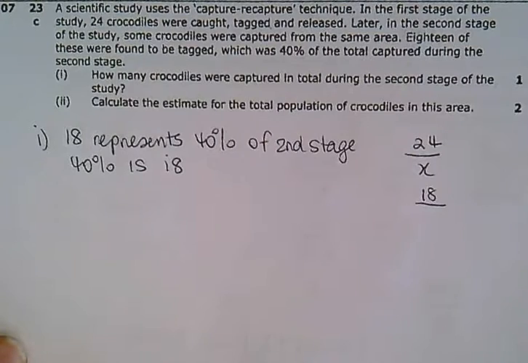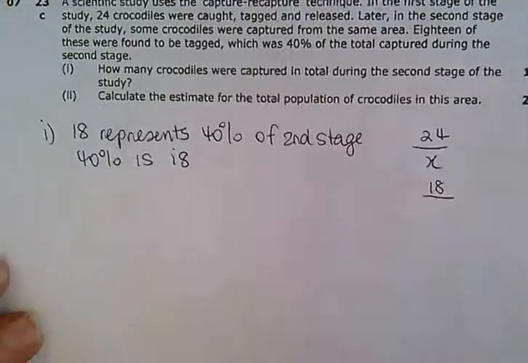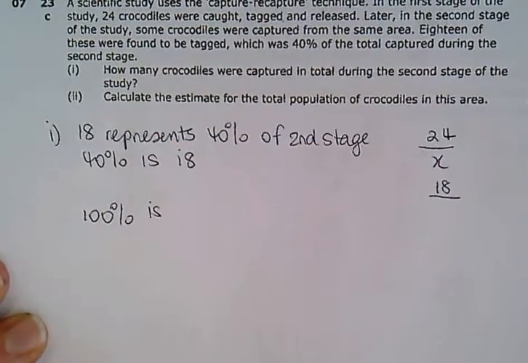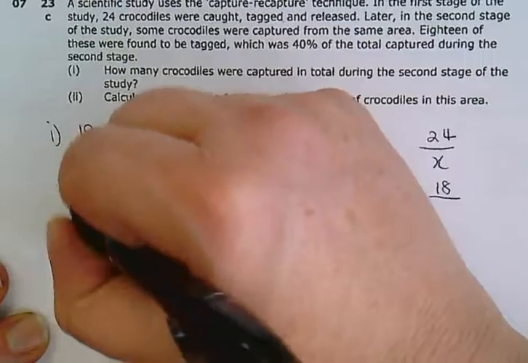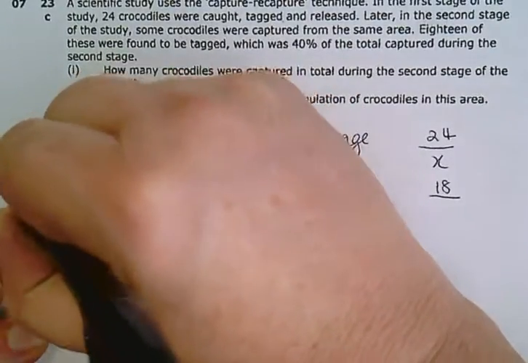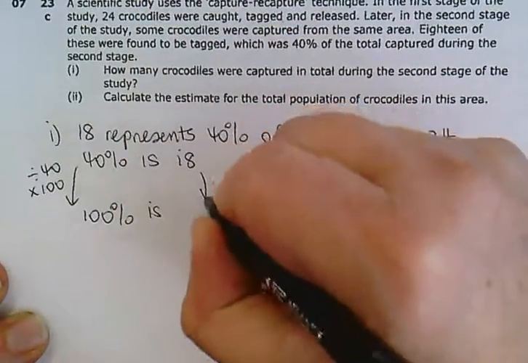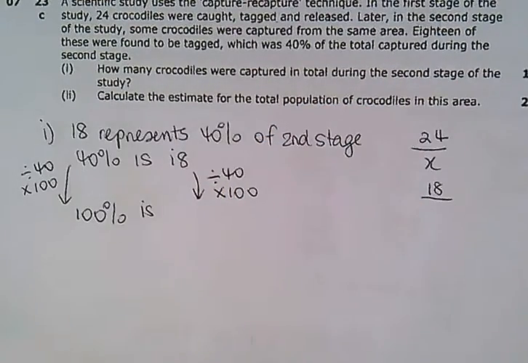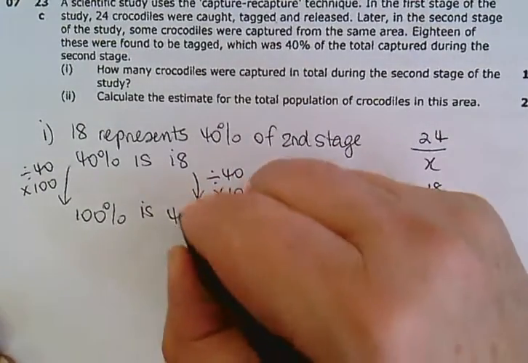Or drop down to 20 and then up to 100? I need 100%. How am I going to get to 100%, girls? Yeah, or I can divide by 4 and times 10. We can divide by 40 to give me 1% times 100. Can I do it in one step? Divide by 40 times 100. What do you get? It should be 45.